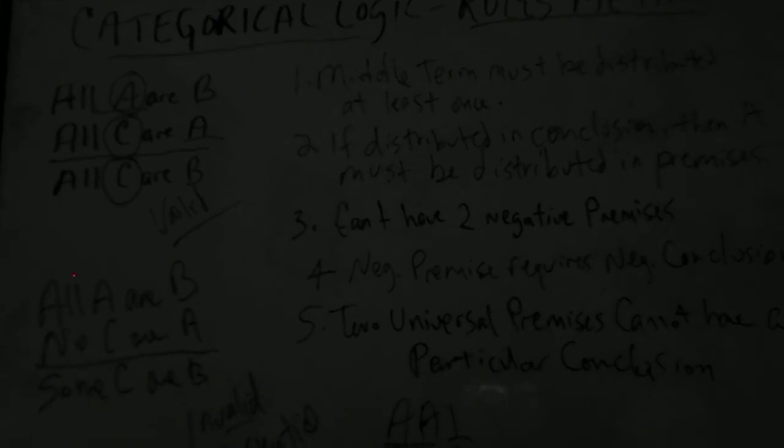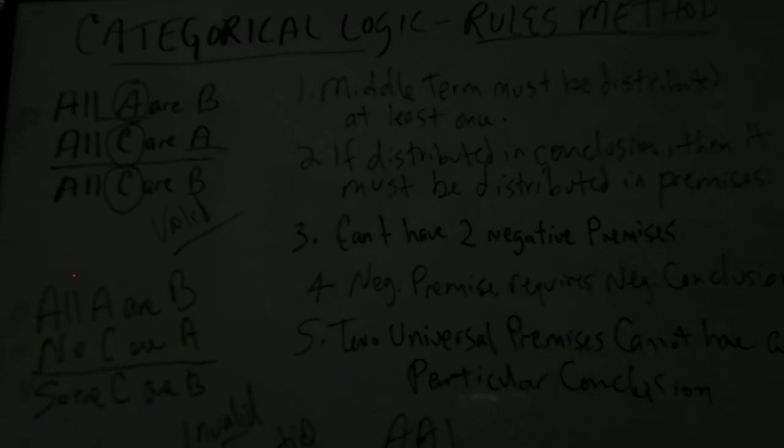So that's the way that the rules method works. It is set up in such a way that if we find that all 5 of these rules are met, the argument is valid. And if it violates even one, it might violate more than one, but if it violates even one of these rules, then the argument would be invalid.